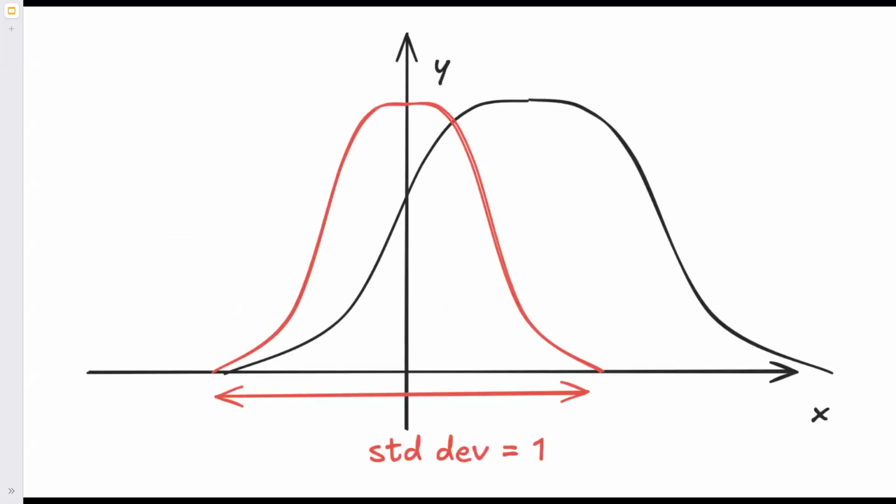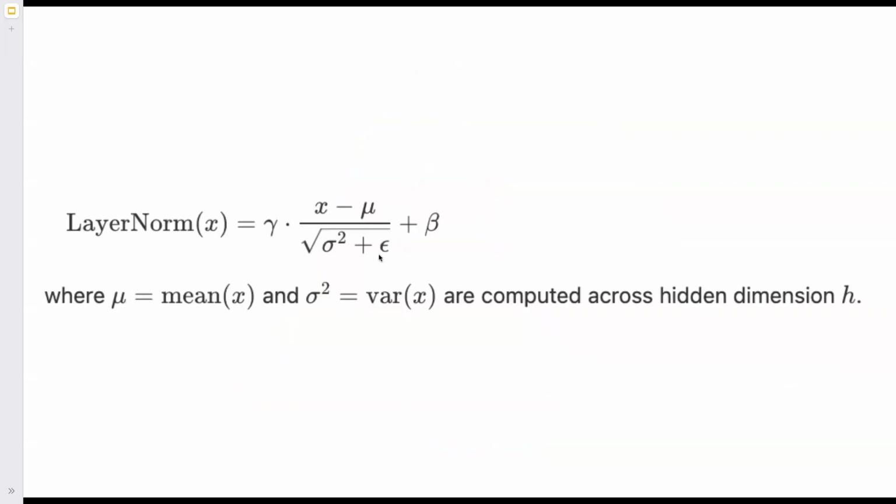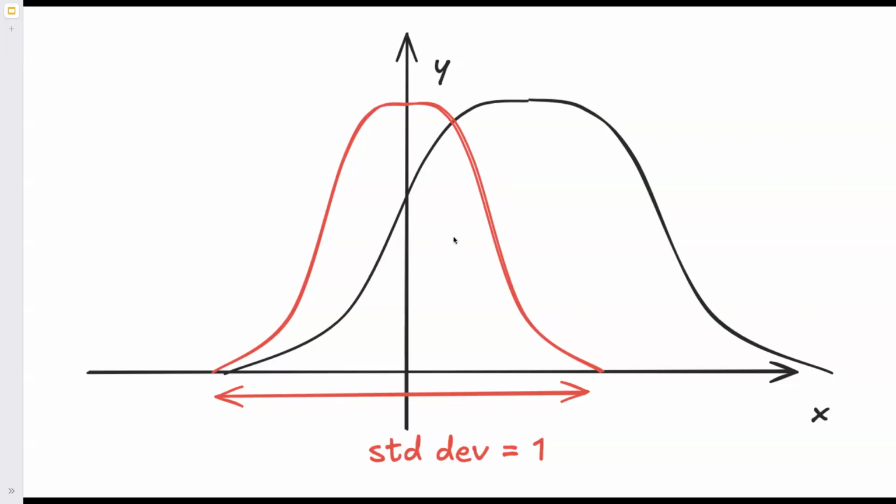If we leave aside the mathematical side of things and try to picture it intuitively, in black we have the original activations for the layer for a single token, across this hidden dimension H. Before we multiply by gamma and add beta, we want to squish and center the input distribution, so we standardize it.